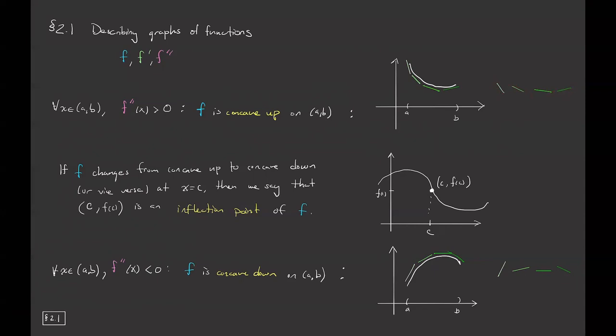They don't have to. They could start negative and stay negative, but the classic shape that you get is this so-called bowl shape. So it looks kind of something like this.